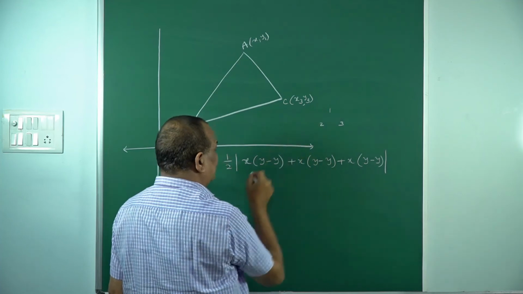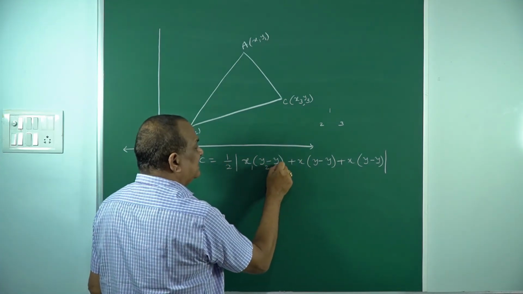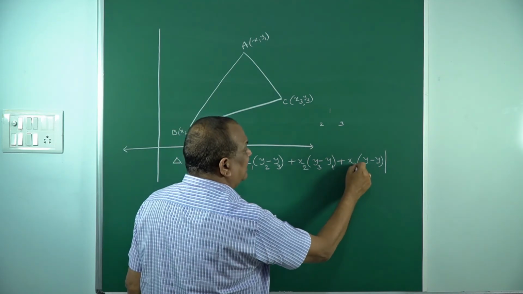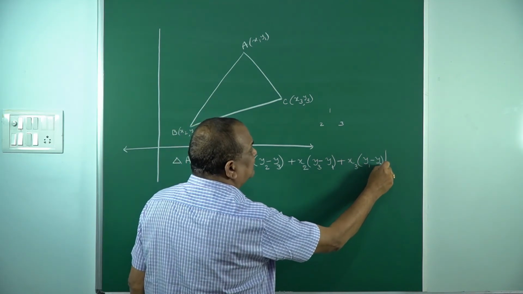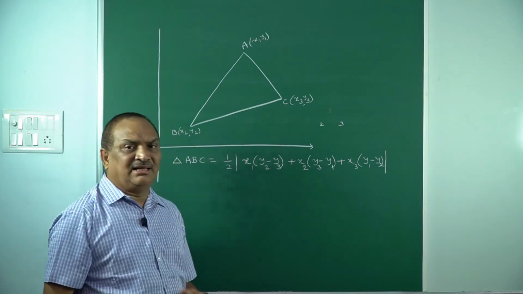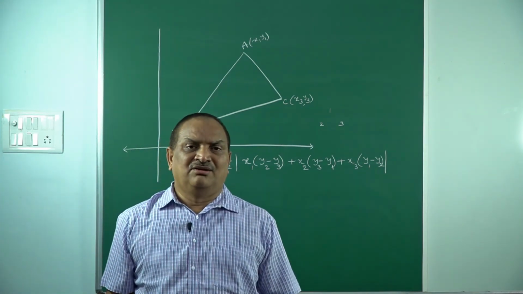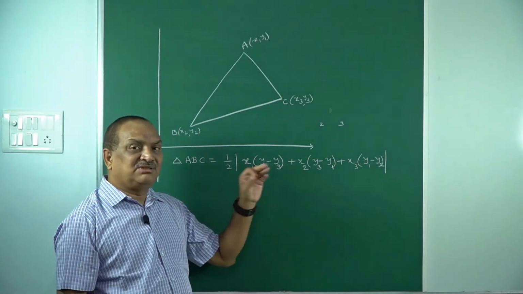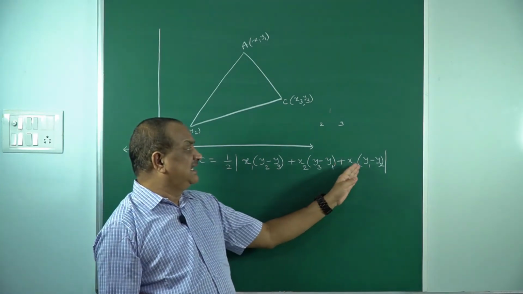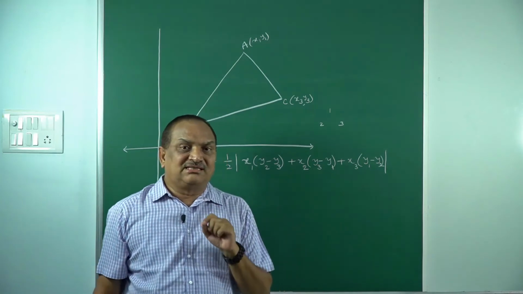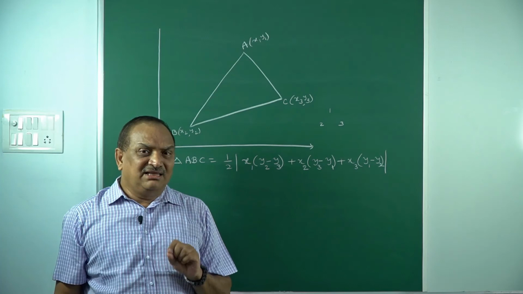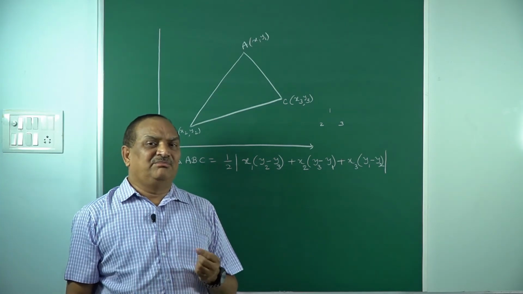Then 3, 1, 2. And this is how we remember the area of a triangle. x1 times y2 minus y3, plus x2 times y3 minus y1, and plus x3 times y1 minus y2. This is how we remember the area of the triangle given three vertices A(x1, y1), B(x2, y2) and C(x3, y3).